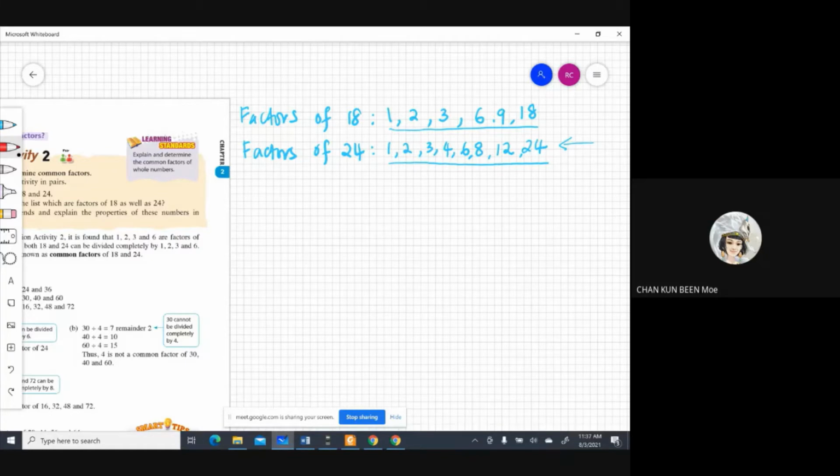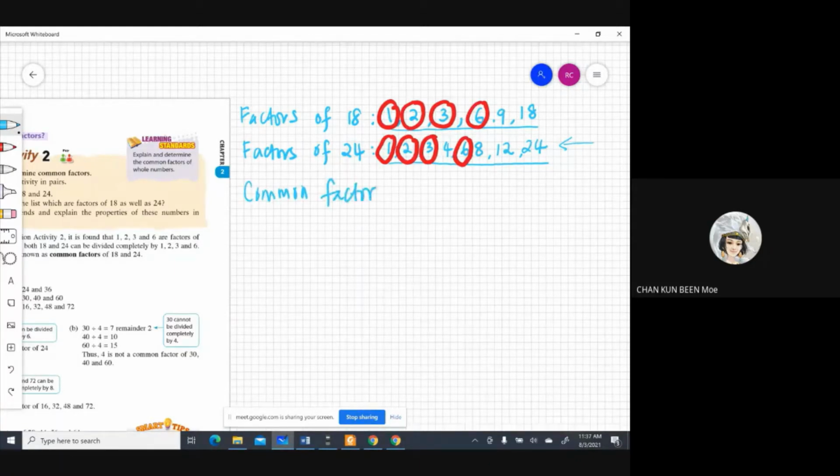The common factors are 1, 2, 3, 6. Any more? No more, right?